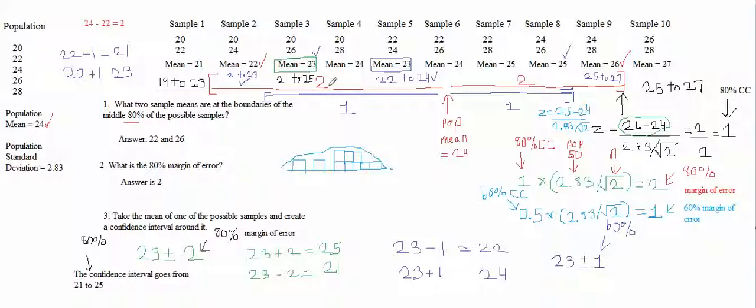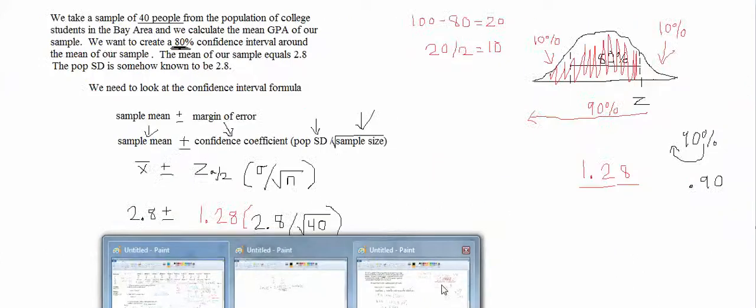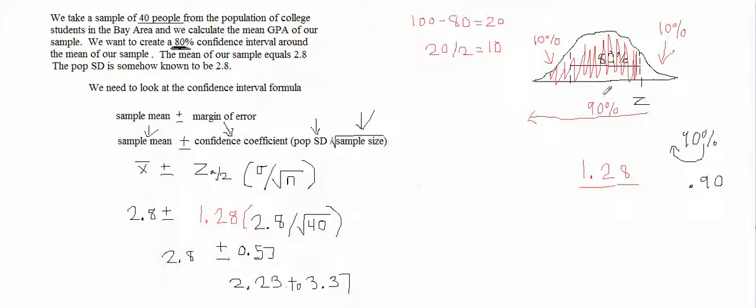Because here we got the margin of error by just drawing this line and adding and subtracting. But we can take this formula, get our margin of error, add and subtract, and then get a confidence interval.